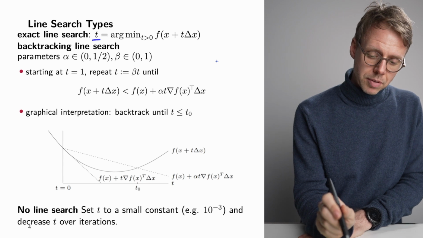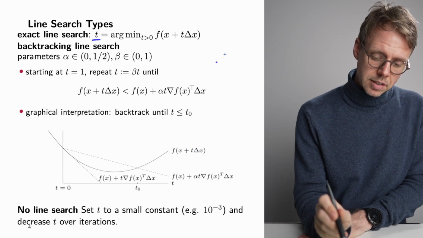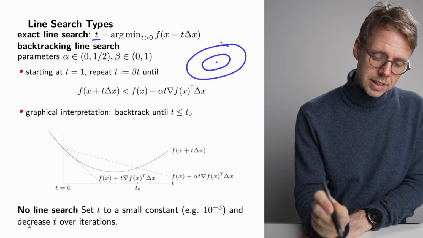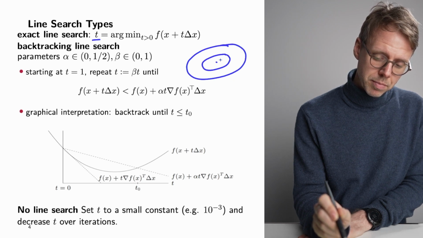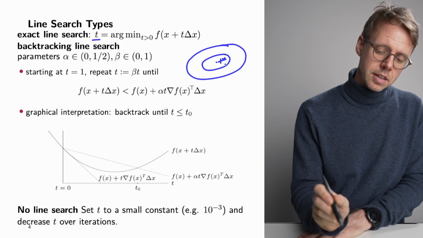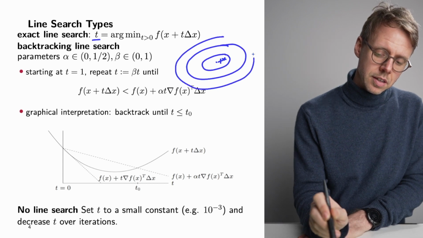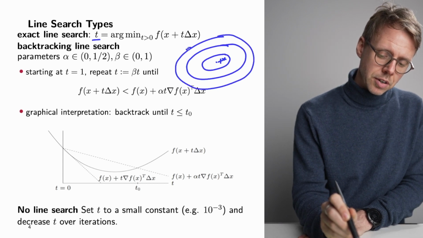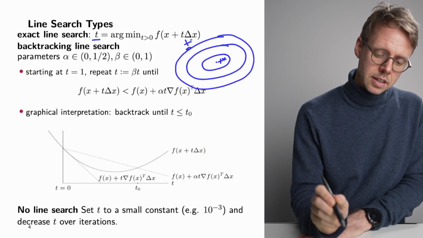Once you have a function, again, let's draw some f. These are again the level sets. Here we have our minimum, x star. Here we have our current x.